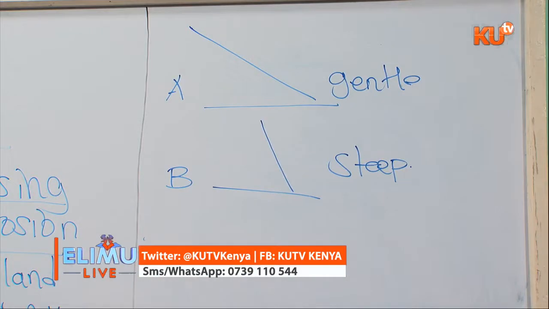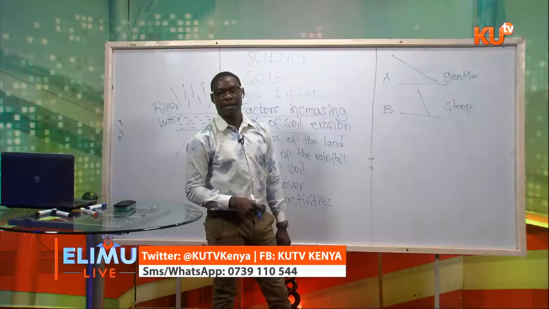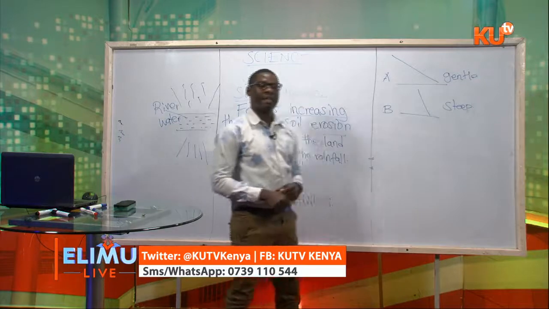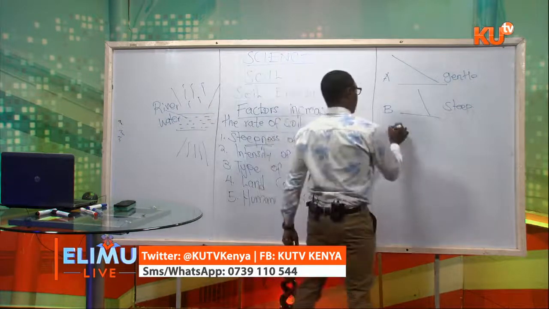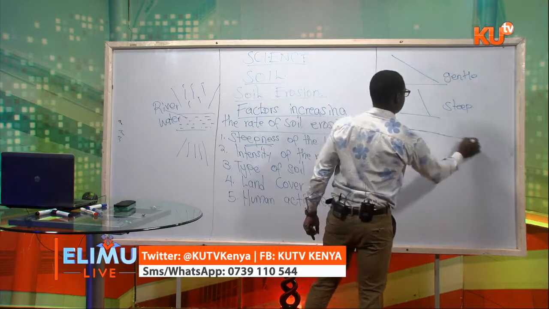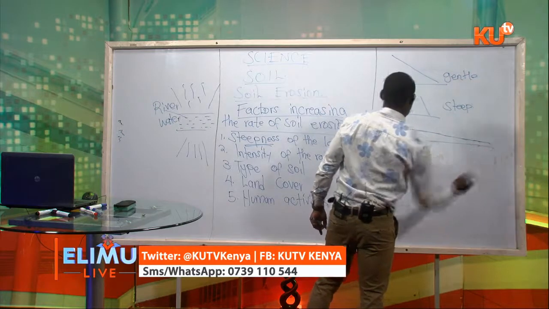So depending on the steepness of the land, the more steep the land is, the more the soil erosion will be experienced. The more gentle the land is, the less soil erosion will be experienced. So, taking an example, this one is your land, and this is the slope of the land.